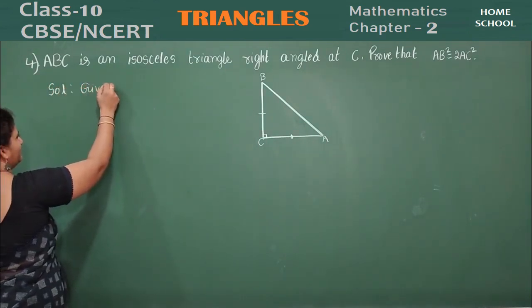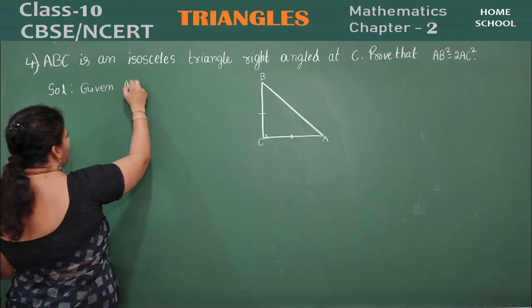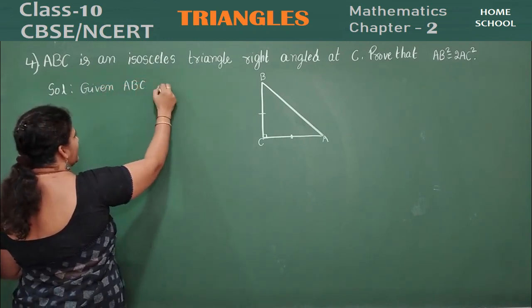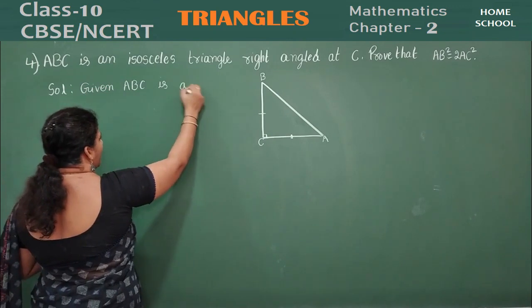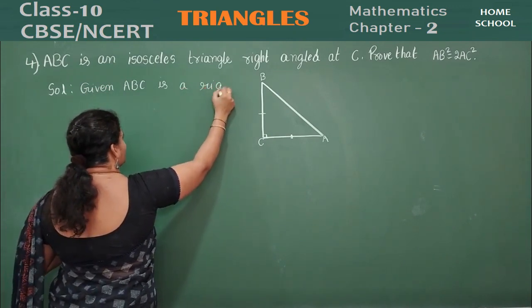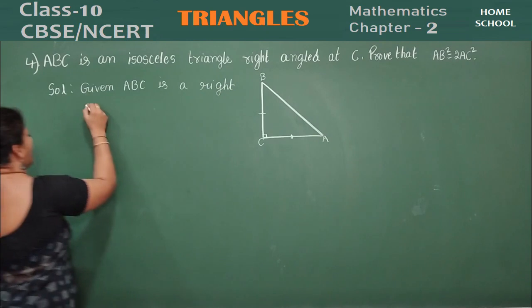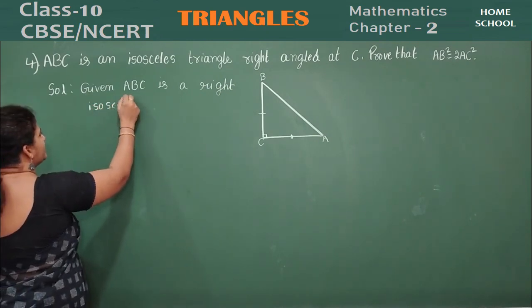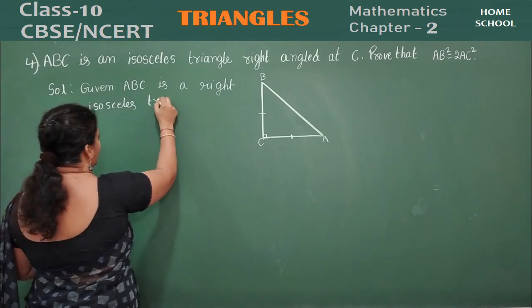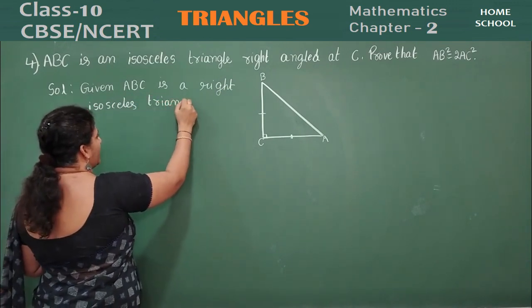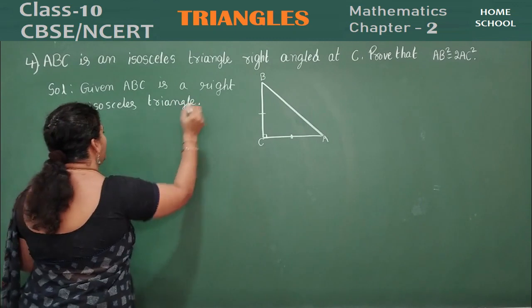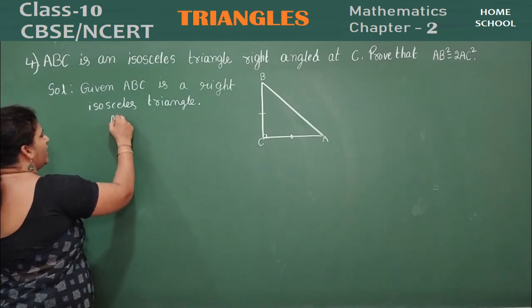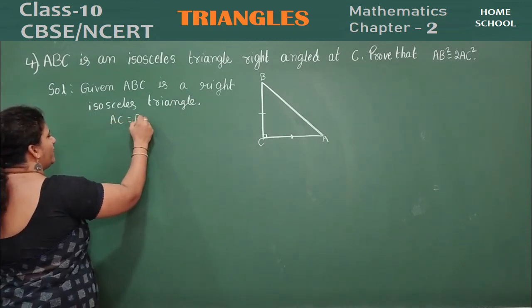Given, ABC is a right isosceles triangle, where we have taken AC is equal to BC.